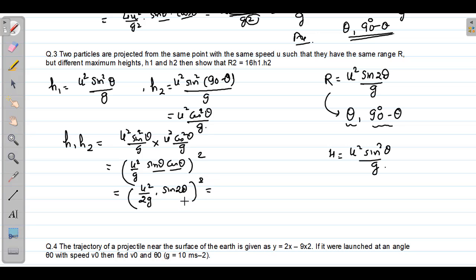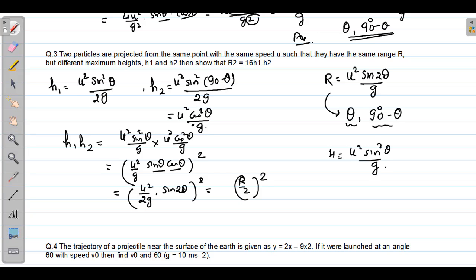Now we have to write it in the form of range. Range is u square sine 2 theta by g, that is R. That means it is R by 2 whole square. Mistake is there. Okay, this is u square sine square theta by 2g, and this is 2g.